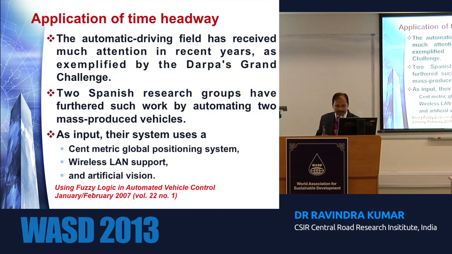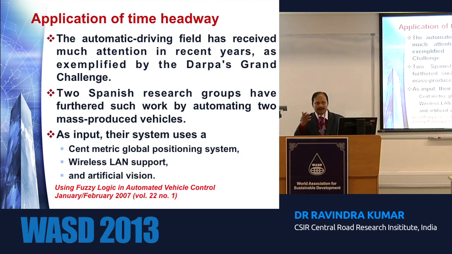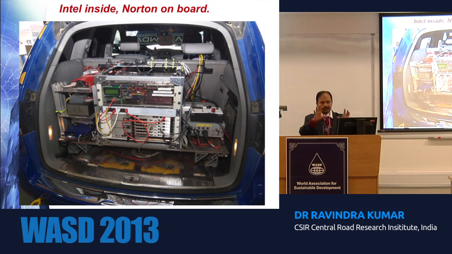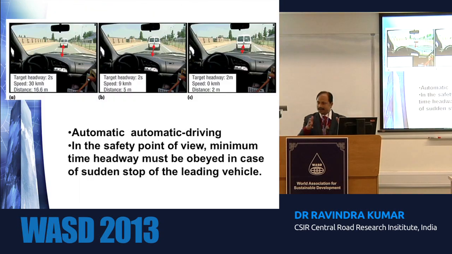Apart from that, we have the application of headways in the automatic driving field, which has created attention, like the DARPA Grand Challenge, where we have robotics and intelligence on the car itself, with proper algorithms for overtaking and vehicle detection, vision-based vehicle detection, and safe overtaking.